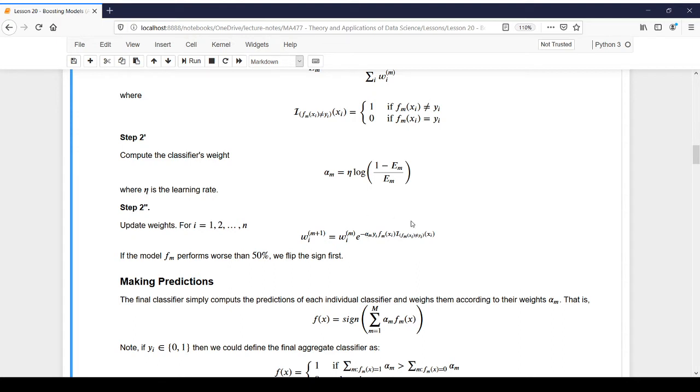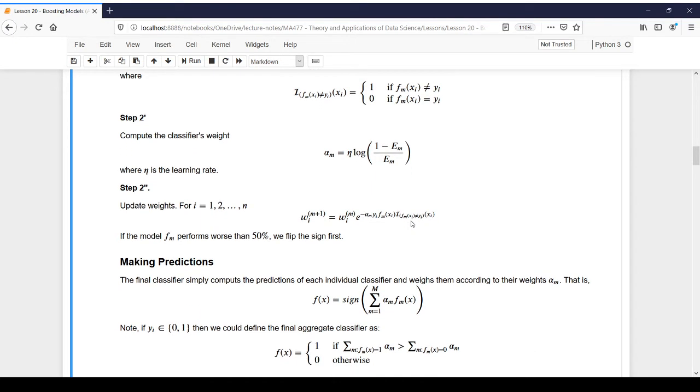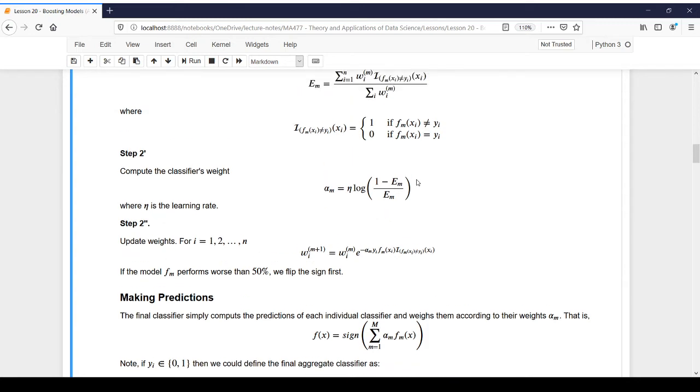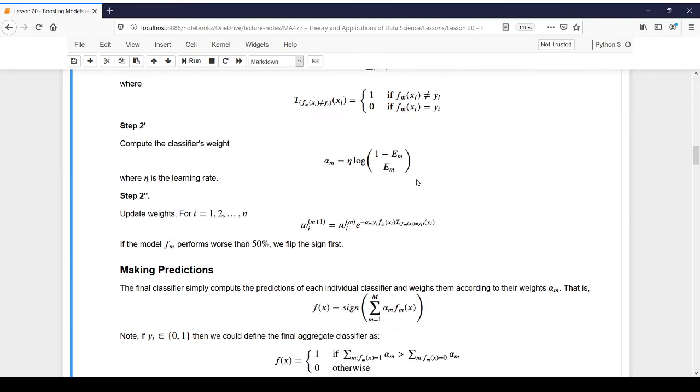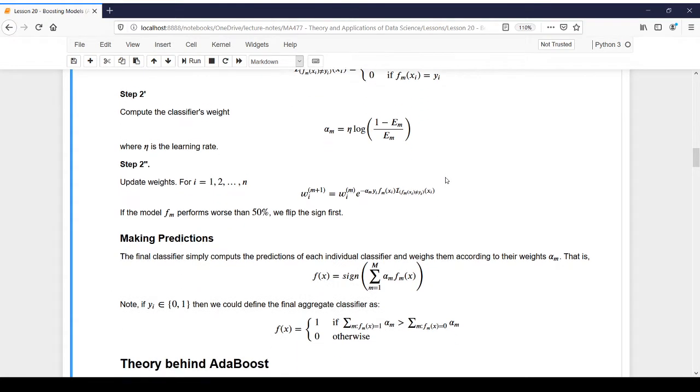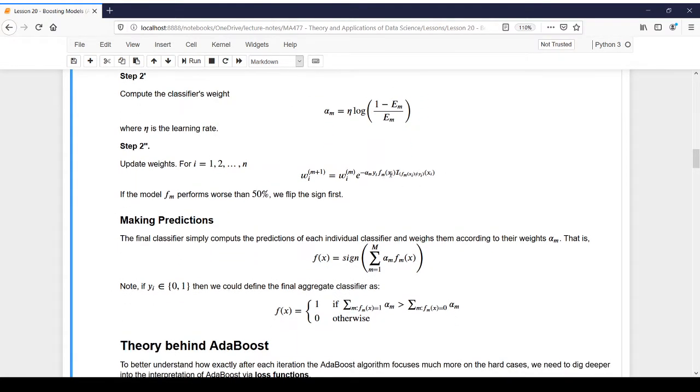The only scenario you want to avoid is if the model is doing exactly 50-50, because you're really not learning anything in that situation. So the takeaway here is that the data that are misclassified get larger weights when you update, to reflect the fact that those particular instances were misclassified.